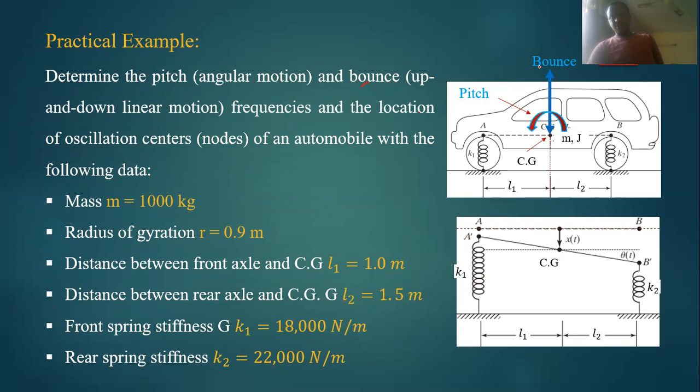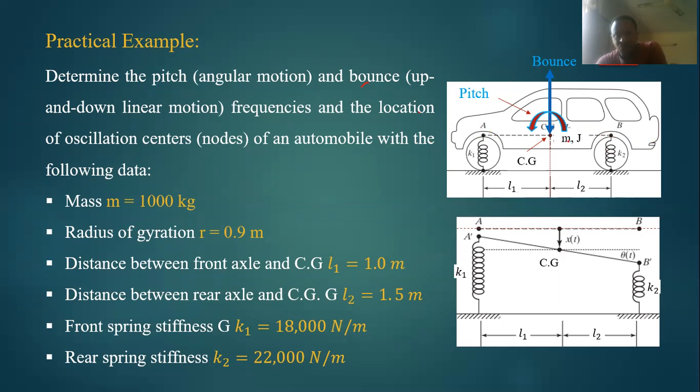So what we are expected to find are the bounce and pitching frequencies and the mode shapes, how the mode shapes characterize. This is a representation of the bounce motion and the pitch motion about the CG. The pitch is the rotation about the CG, but the bounce is the up and down vibration of the car itself. Considering this as the axis of equilibrium, we have the CG here.